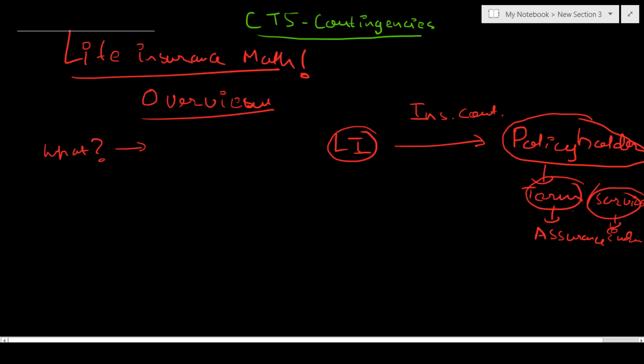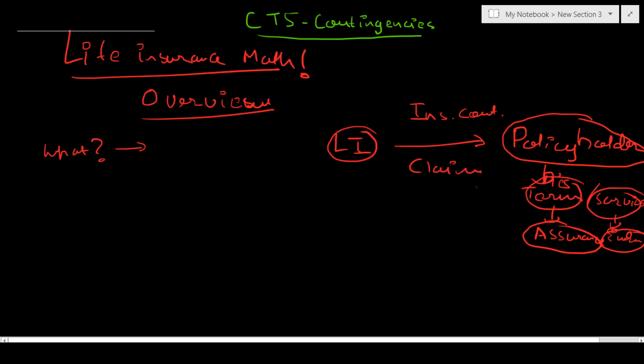So there are two types of life assurance contracts: assurance and endowments. There is a contract between the life insurance company and the policy holder that if the policy holder dies during the term, the life insurance company will pay a certain amount, called the claim amount.